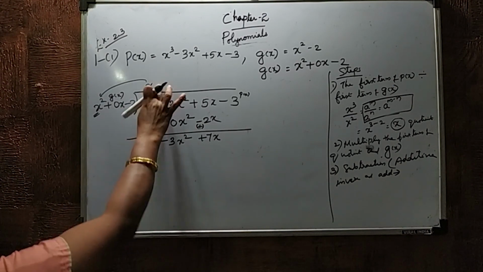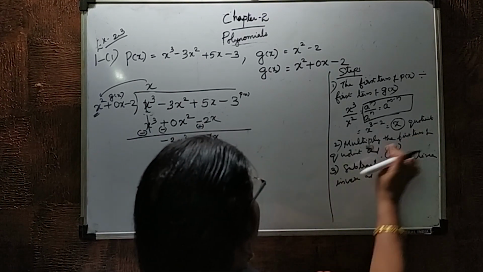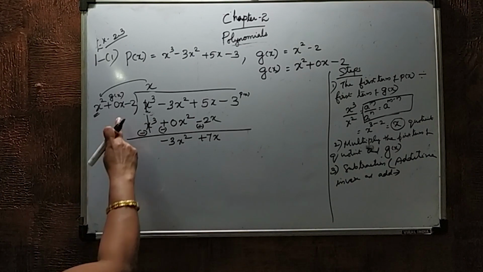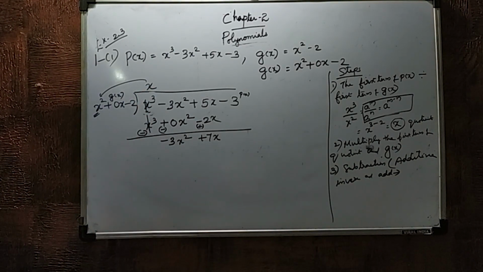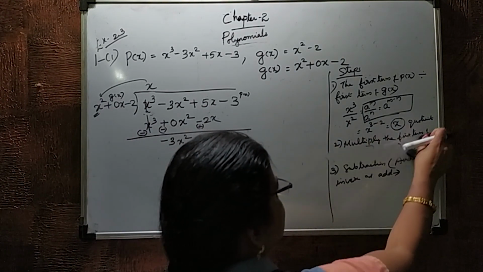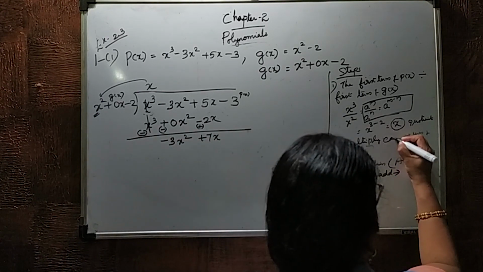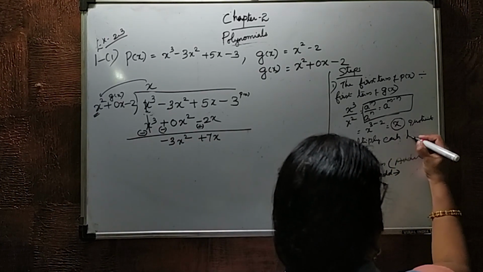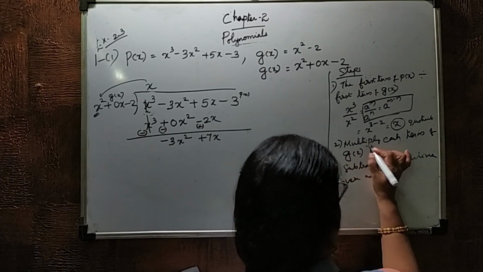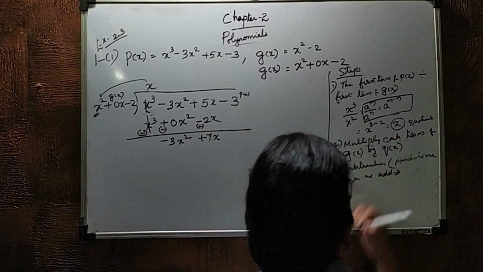What is the next step? We have to write here. Then next step is multiply the first term of the quotient and g of x. So multiply each term of g of x by q of x.